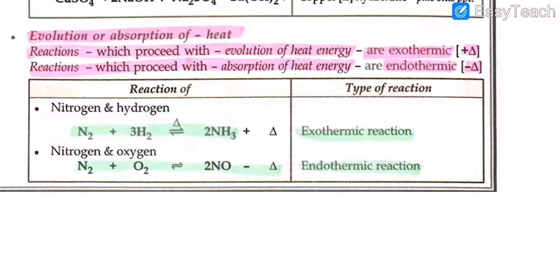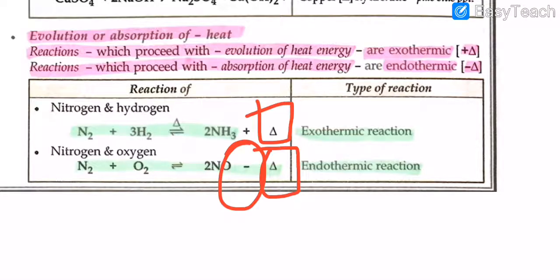You have nitrogen oxide, and in this case you have minus heat energy. This means that heat energy has been absorbed from nitrogen and oxygen, and that's why it is minus the heat energy. But in the first case it was exothermic, which is this.